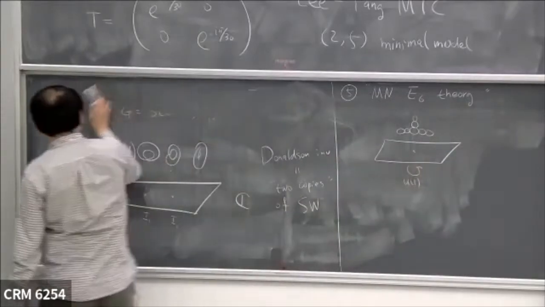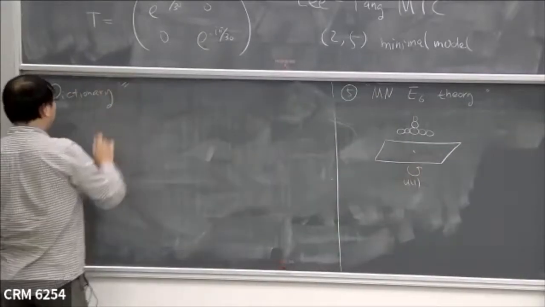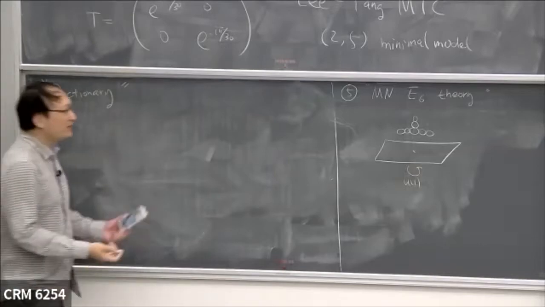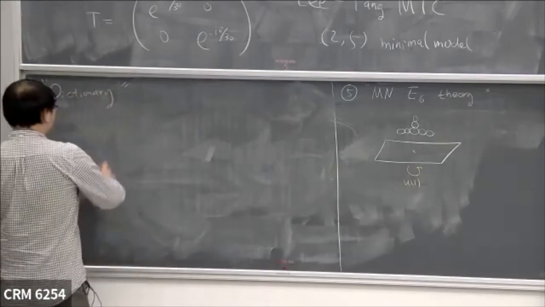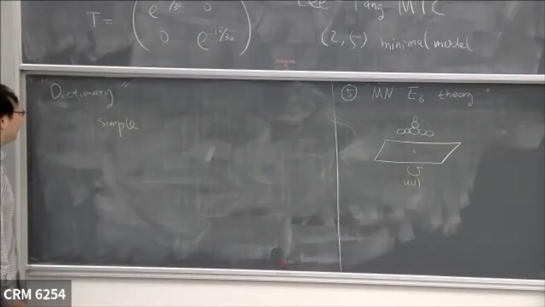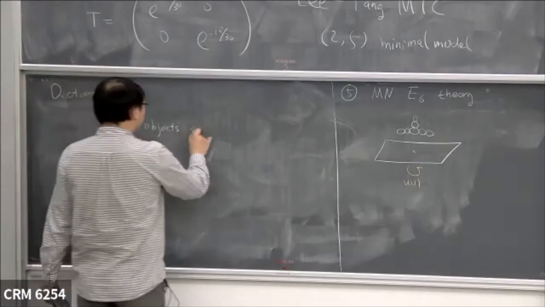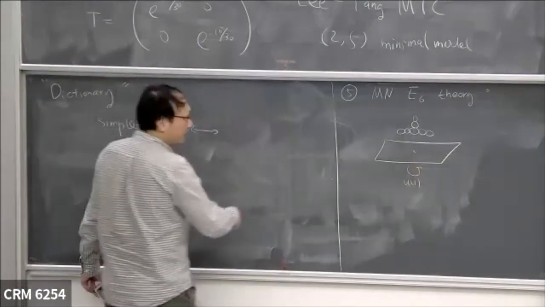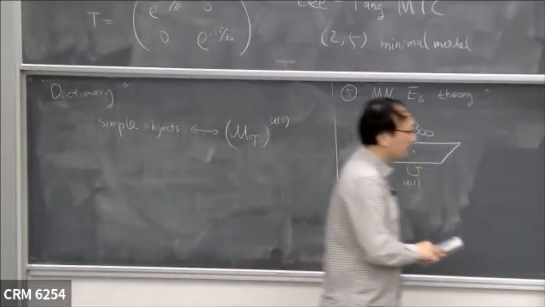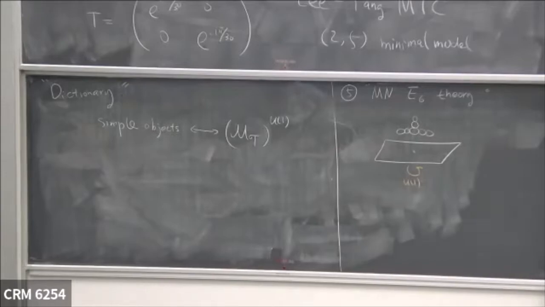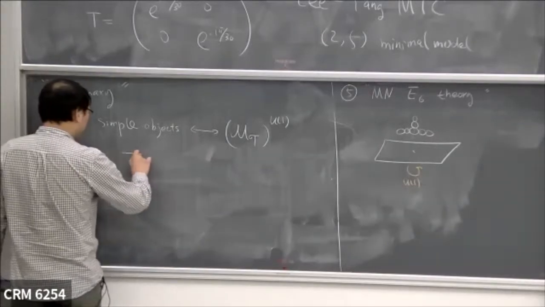There is a dictionary, though it's quite incomplete, and it's still in the process of being discovered. So if you want to find simple objects, then geometrically, these correspond to the fixed points over the entire space. So in this example, the two fixed points are here and here, and they are associated with 1 and phi. How about the T matrix?